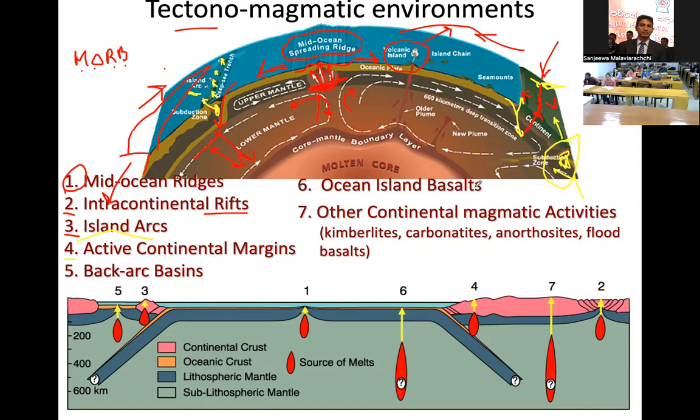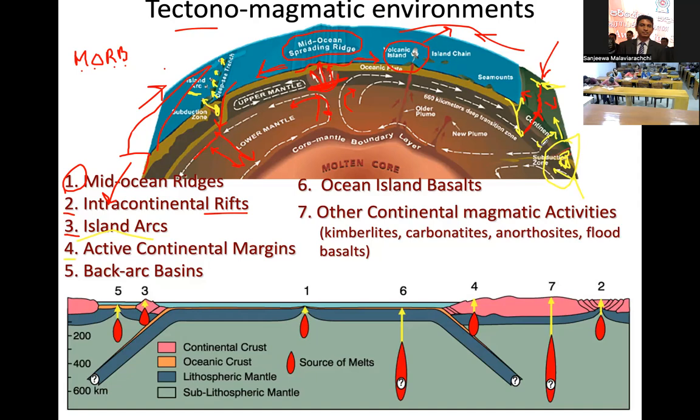Okay, because the continent also can be considered as two portions, upper continent and lower continent. Lower continental crust is mainly mafic in composition, right? You have to know that, because this is a preliminary understanding about our Earth's interior. Okay, so upper continental crust is mainly granitic composition. Lower continental crust is basaltic composition.